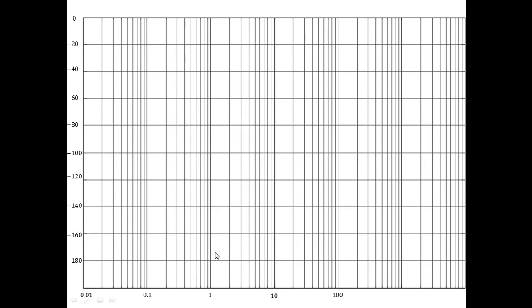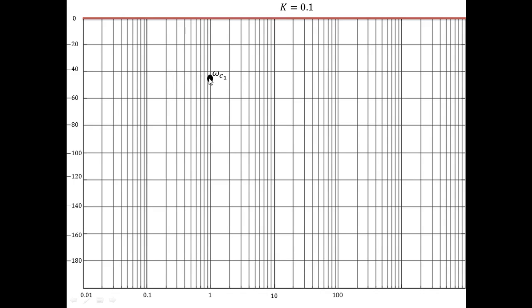So again, if I want to plot these asymptotes on the logarithmic plane, for the k equal to 0.1, the phase angle will be always 0. I have the corner frequency omega c1. At omega c1, the angle is minus 45.